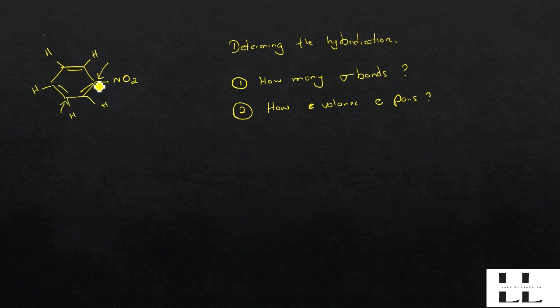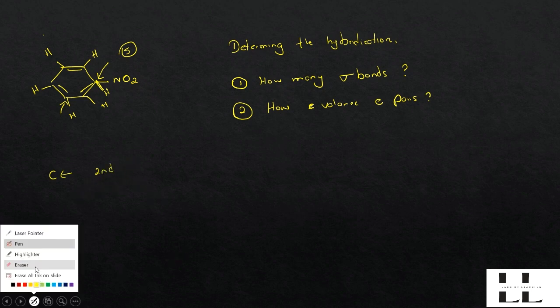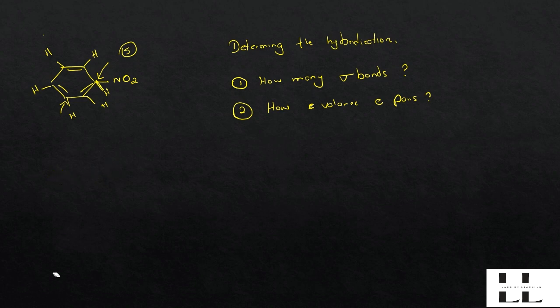There cannot be a hydrogen on this carbon, right? If there were a hydrogen on this carbon, it would be unstable because it would contain 5 bonds. Carbon cannot take 5 bonds because carbon is in the second row and cannot exceed an octet. So this carbon doesn't contain any hydrogen.